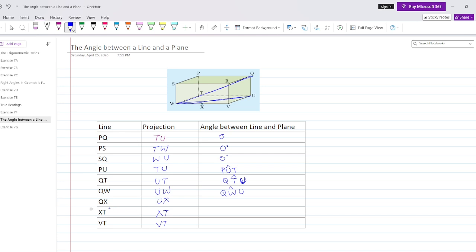Angle between the line QX and a plane. So QX is this line and its projection is this line. So the angle between the line and a plane is going to be this angle. So that angle is QXU.